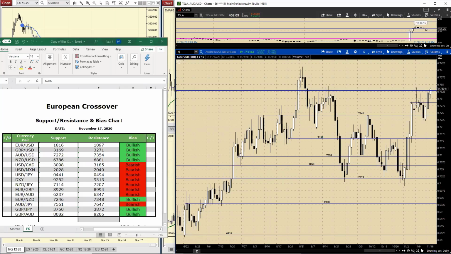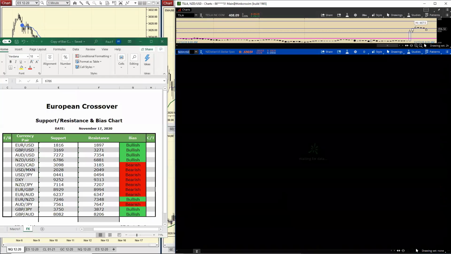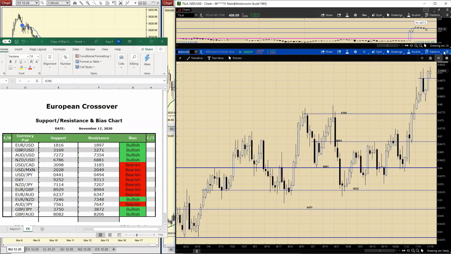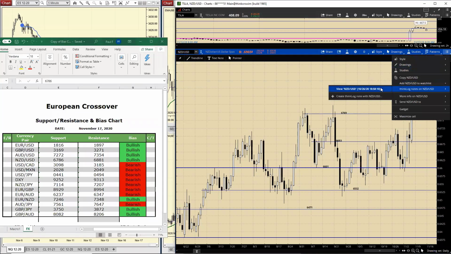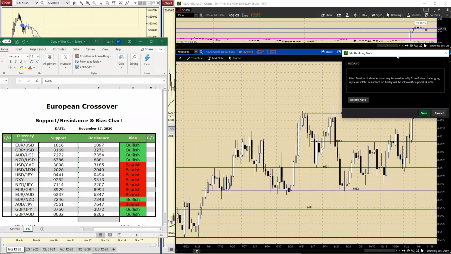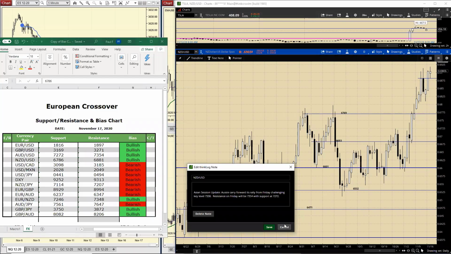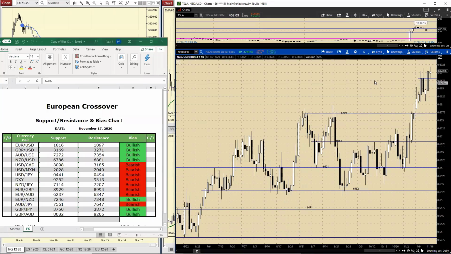On to the Kiwi. See what I mean? Doggone it. It didn't save it. It put in, challenging the whatchamacall here. What I was going to put in here, I remember putting it in there. I put the resistance was 69.35 for today for the Kiwi. Remember that key weekly level is 68.96.